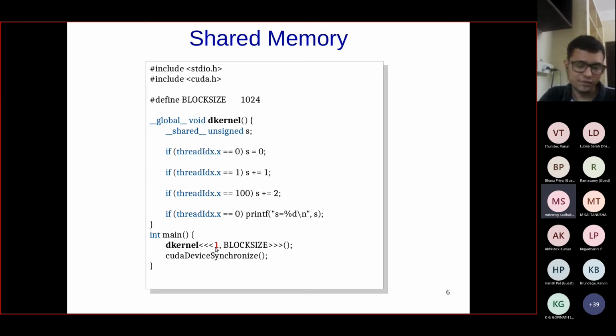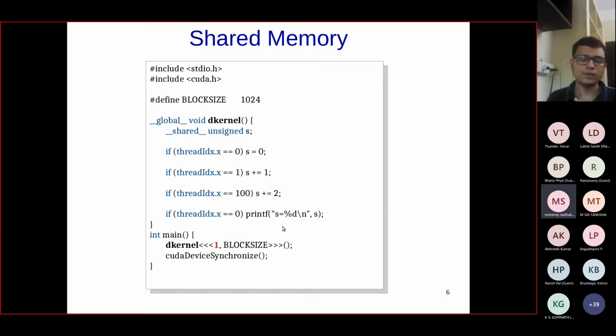In fact, here we have just one thread block, and there are 1024 threads inside it. So this variable s is shared across all the threads of the thread block, and then we are doing some initialization and addition on that variable. If thread id is 0, then we are initializing s to 0. Otherwise, when id is 1 or 100, we are adding 1 or 2. And then finally we are printing that variable s.